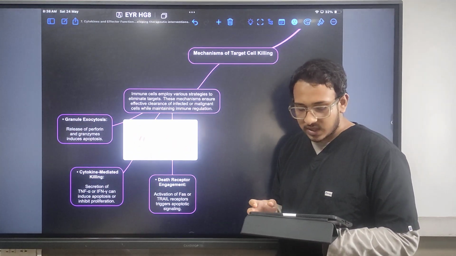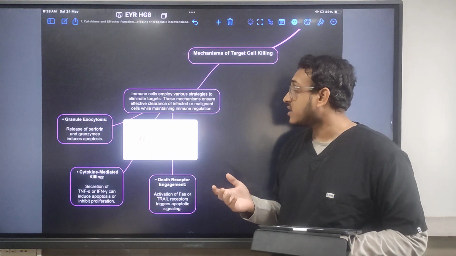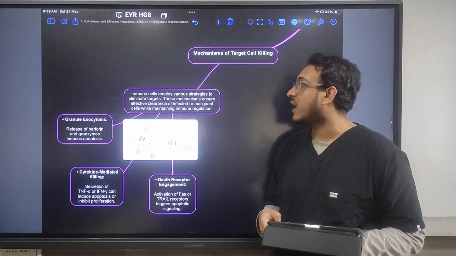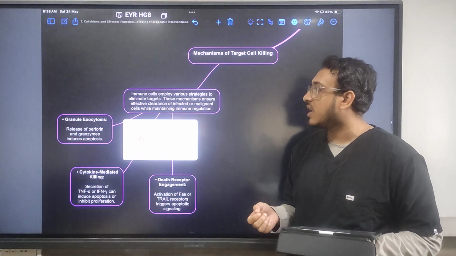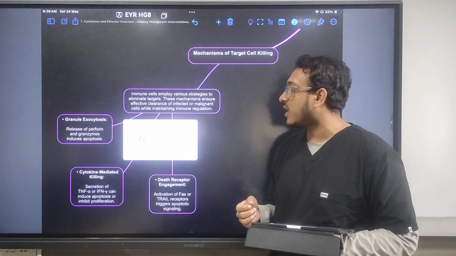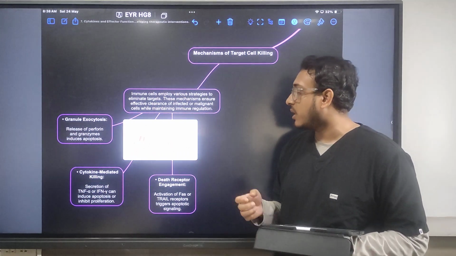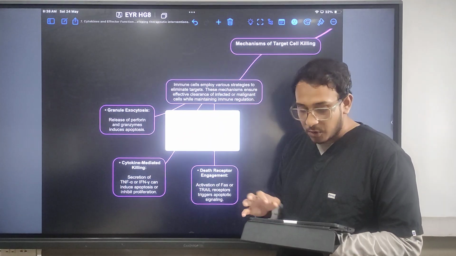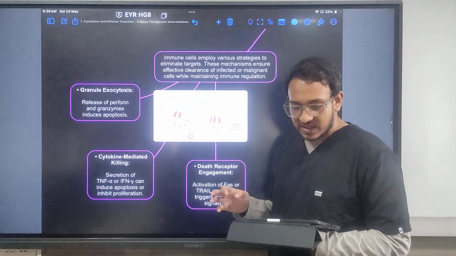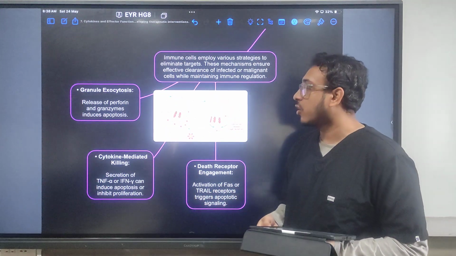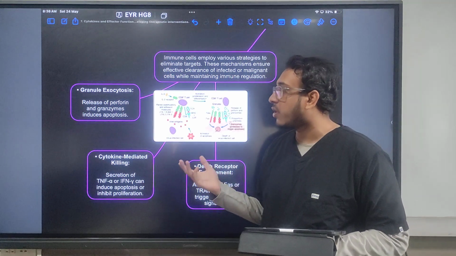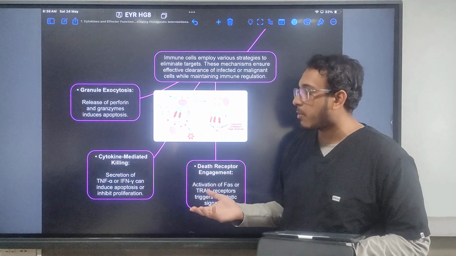So the immune cells employ various strategies to eliminate targets. These mechanisms ensure the effective clearance of infected or malignant cells while maintaining immune regulation. There is granule exocytosis, that is the release of perforin and granzymes to induce apoptosis.